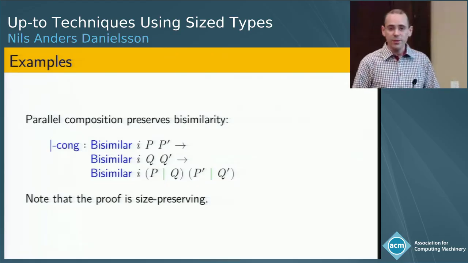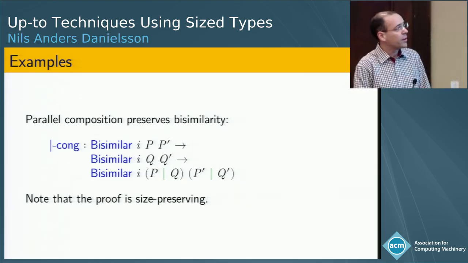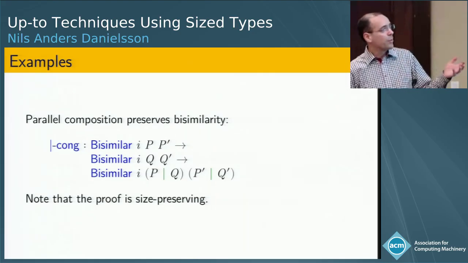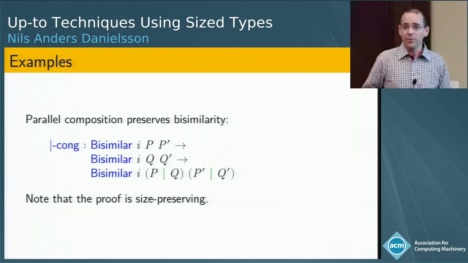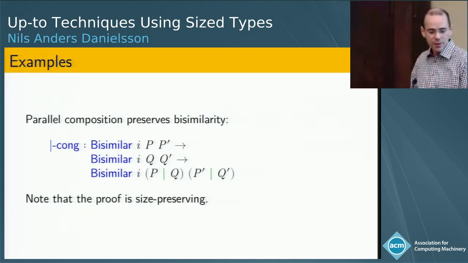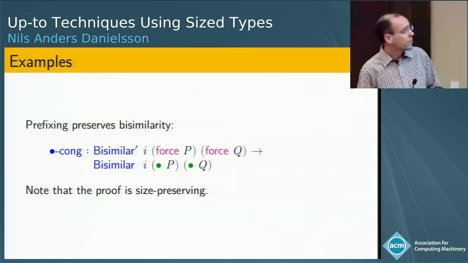We can also prove a bunch of preservation lemmas. So we can prove that parallel composition preserves bisimilarity. So if P and P prime are bisimilar and Q and Q prime are bisimilar, then P in parallel with Q and P prime in parallel with Q prime are also bisimilar. And again, this is a size-preserving proof. And similarly, we can prove that prefixing preserves bisimilarity.